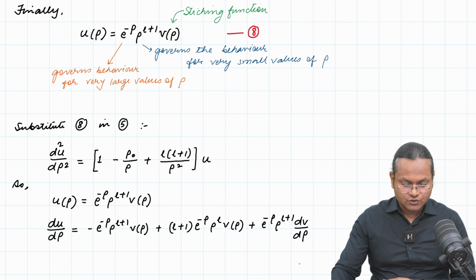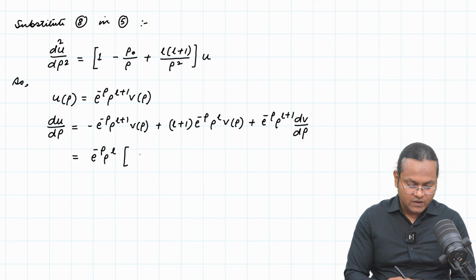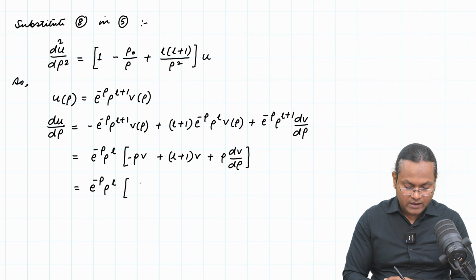So this is the first order derivative that can be further simplified as e to the power minus rho, and rho to the power L becomes minus rho V and plus L plus 1 V and plus rho dv upon d rho, which can further be simplified as e to the power minus rho, rho to the power L. Here you have L plus 1 minus rho times V plus rho dv upon d rho.